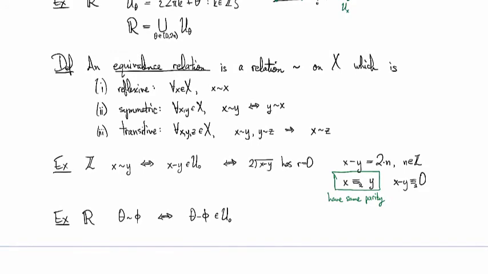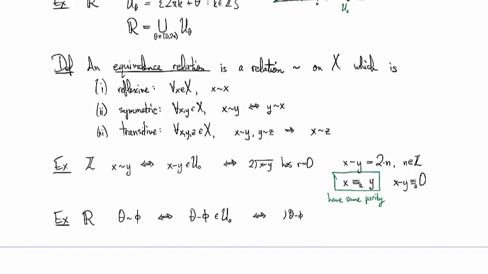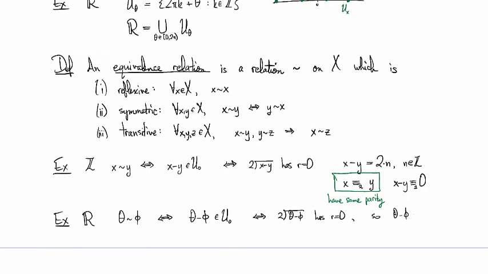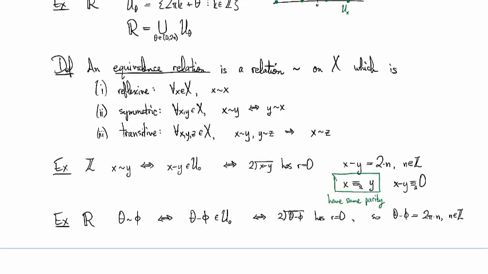This is equivalent to saying that theta minus phi is equal to 2 pi times an integer, just like we saw before. And this is one you've used many times before in calculus.